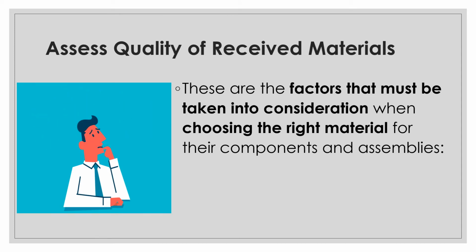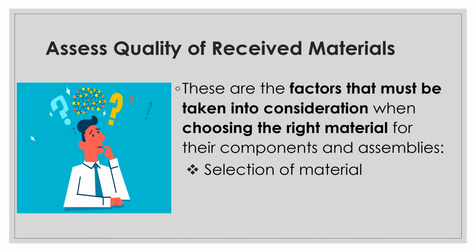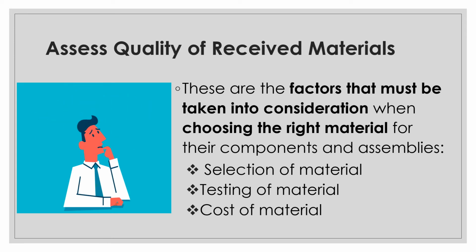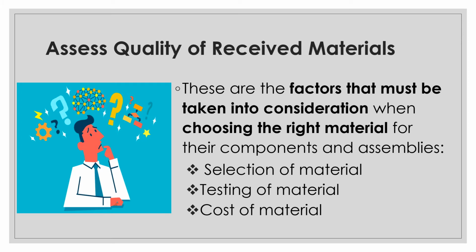Number one that you must consider is the selection of material. Number two is the testing of material, and the last one will be the cost of material. So let us study it one by one.